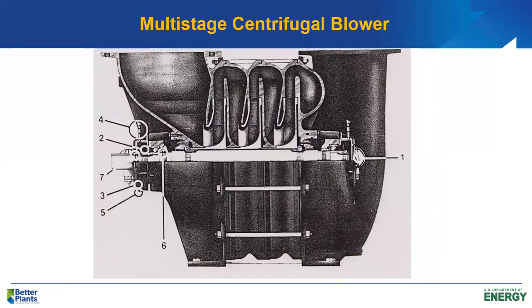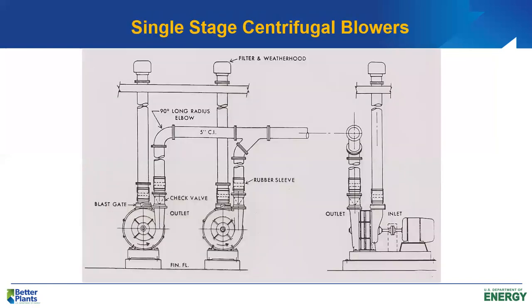Then we have multi-stage centrifugal blowers. These provide a wide range of flow rates over a fairly narrow range of discharge pressures, and are used at small or large wastewater treatment plants. Then we have single-stage centrifugal blowers, and again, they can be used at small or large wastewater treatment plants.